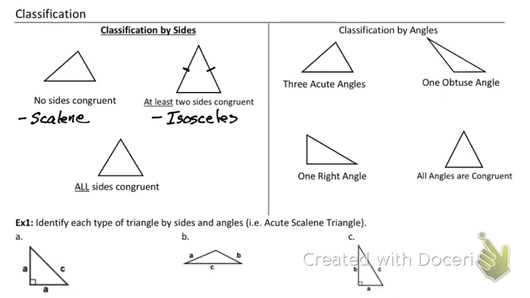It says at least two sides are congruent. So let's say I have three sides being congruent. Is this isosceles still? Yeah, this is still isosceles. But there's a better word for it. There's a more descriptive word when all three are the same. Yeah, equilateral.